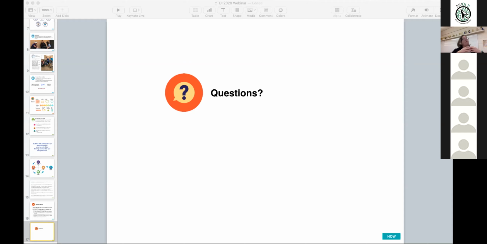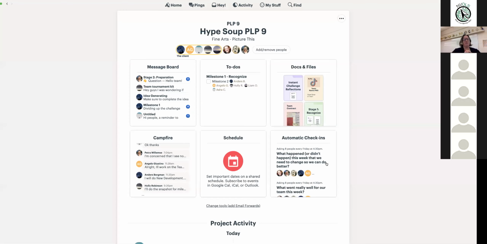So every team, like I said, has their own Basecamp project that we see as well. So it's not completely on their own, but it's just for their team, where we have told them all communication, all documentation, everything needs to go through that Basecamp course.